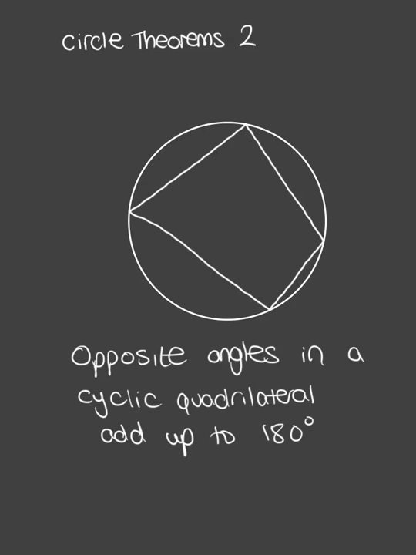And what this rule says is if you pick any 2 opposite angles, so we have this one and this one, these 2 angles will add up to 180 degrees. And the same if you were to have chosen these 2 angles, these would also add up to 180 degrees. These 2 have the same rule. So the opposite angles will have a sum of 180.